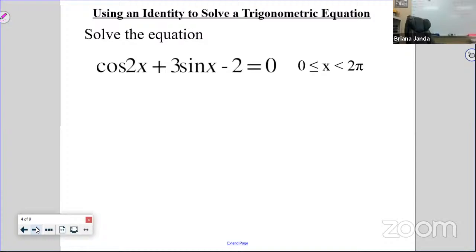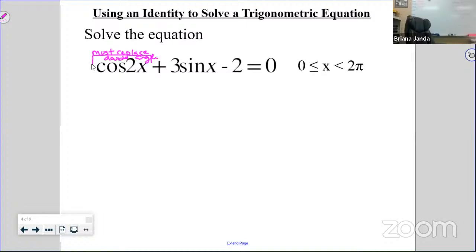What I will tell you is if it is a cosine of 2 theta that you are replacing, let the rest of the equation decide for you. You have to replace a double angle. You have no option. You must replace a double angle, always.